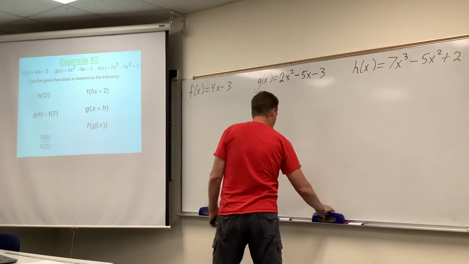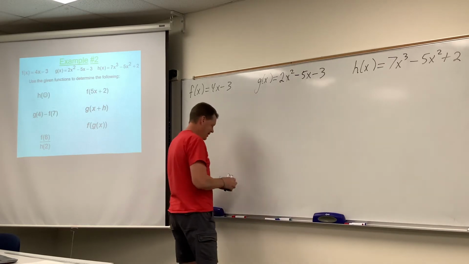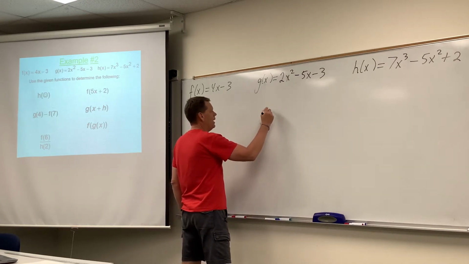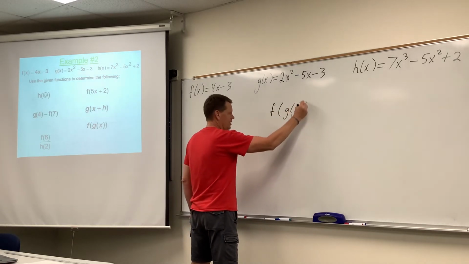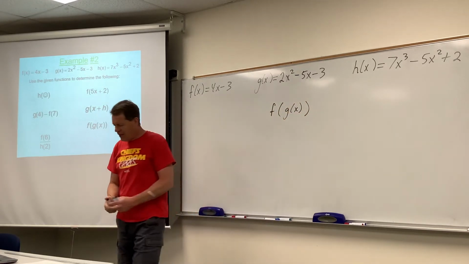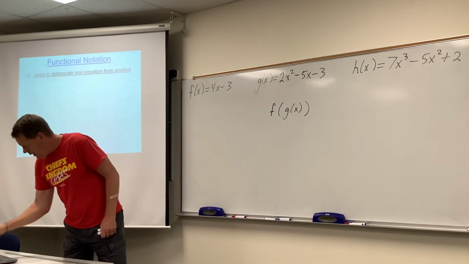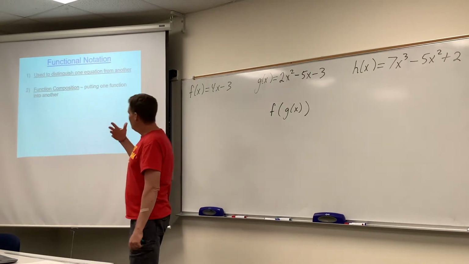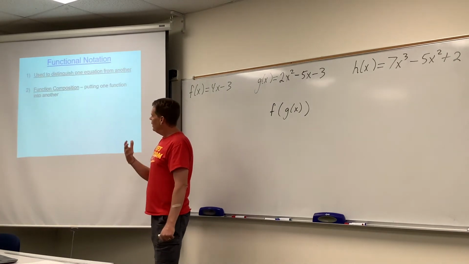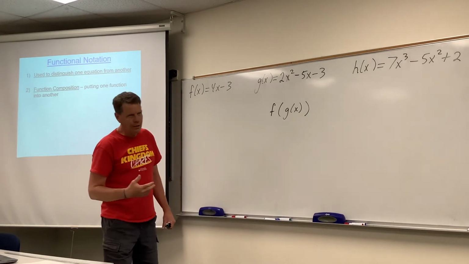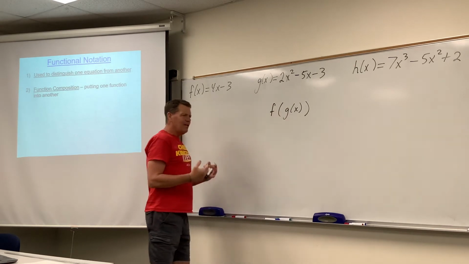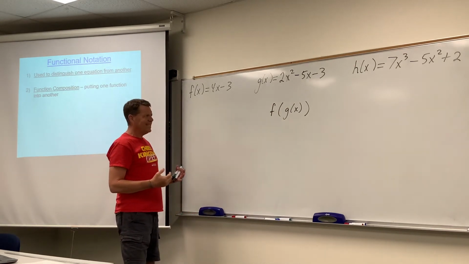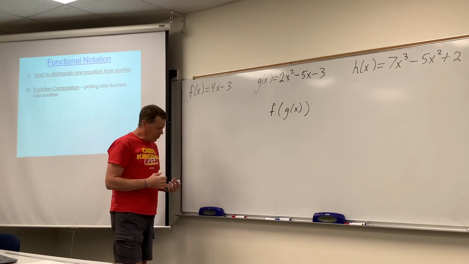f of g of x. All right, now, f of g of x. This is an example of what we call, in the notes, function composition. This is where we're taking one function and putting it into the other. To me, the logic is very much in keeping with the order of operations.